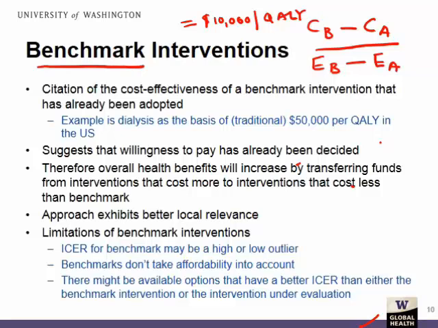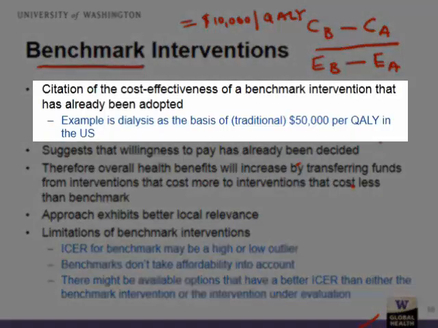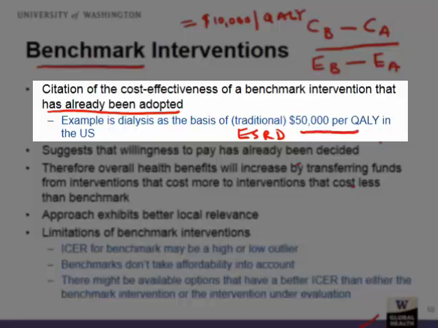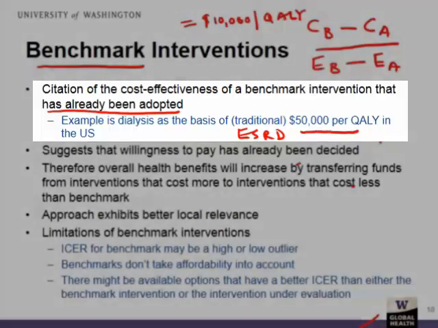And what a benchmark means is that the ISA of an intervention that has already been adopted by society in that country or that jurisdiction. A good example is dialysis, renal dialysis for patients with end-stage renal disease in the United States, and it's used to be about $50,000 per quality.